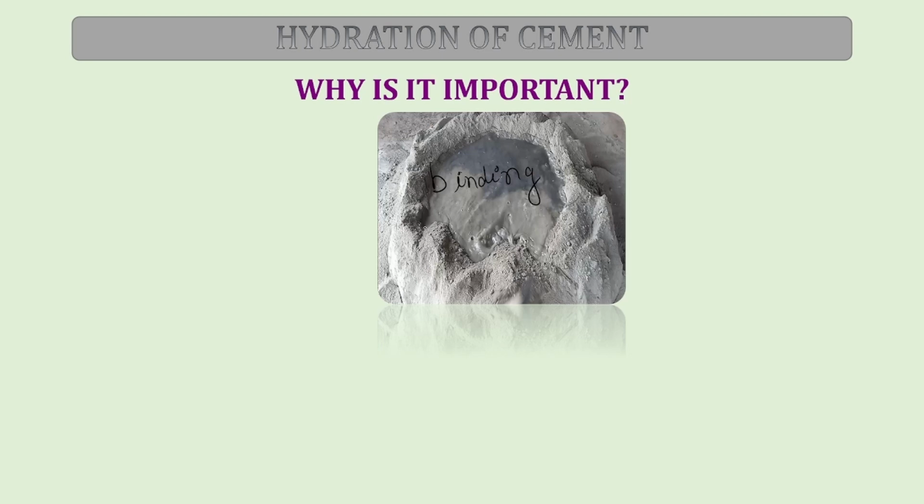So, unhydrated cement or anhydrous cement does not participate in the binding process. It's only after hydration that cement acquires its adhesive properties. The concrete strength and durability are significantly impacted by the temperature and rate of hydration. Therefore, this rate of hydration of cement is of prime importance.